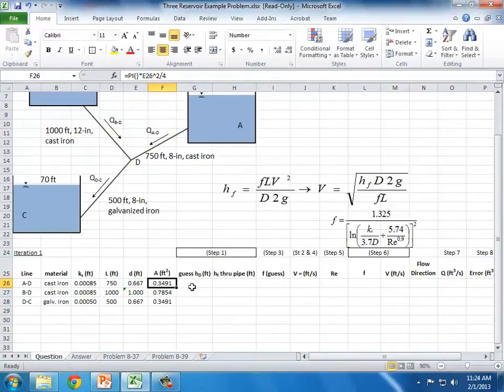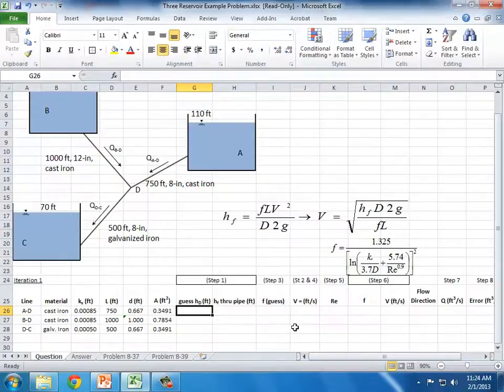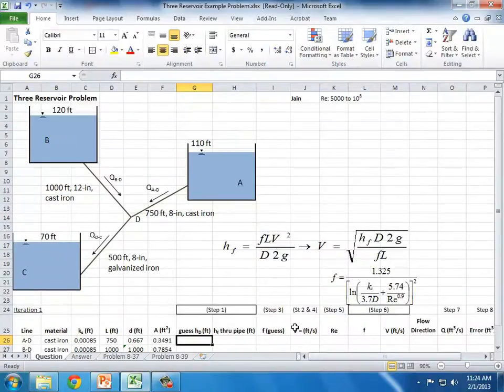Okay, so area is pi d squared divided by 4 to calculate the area. Our guess value of the head at D, just to see how things go, I'm going to pick a different value than I normally pick. Hopefully it doesn't lead to pandemonium. Let's just say, what if it's 100 feet?